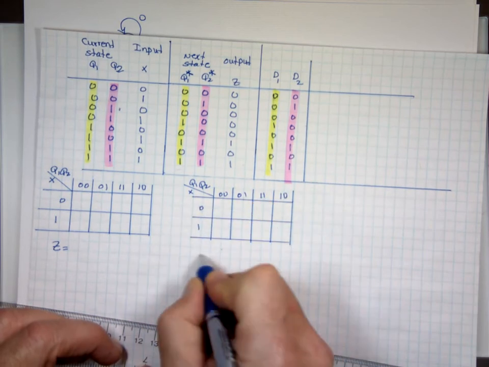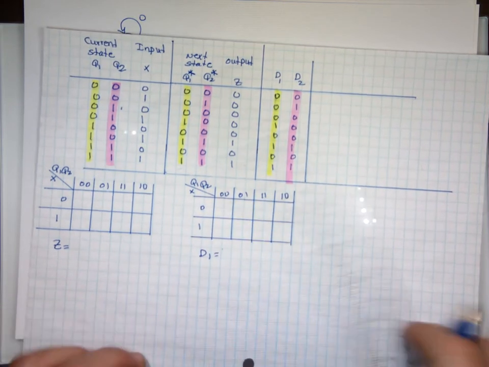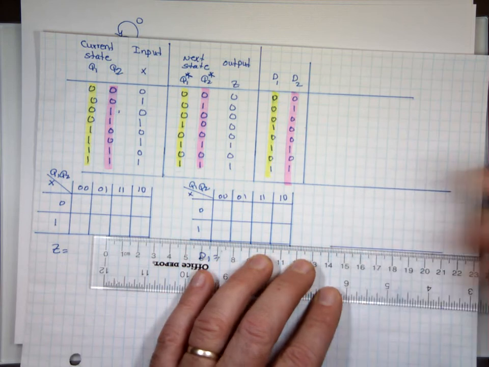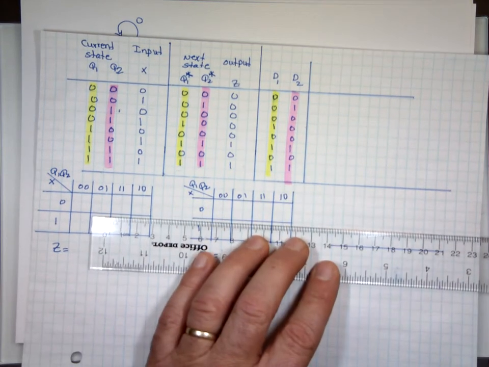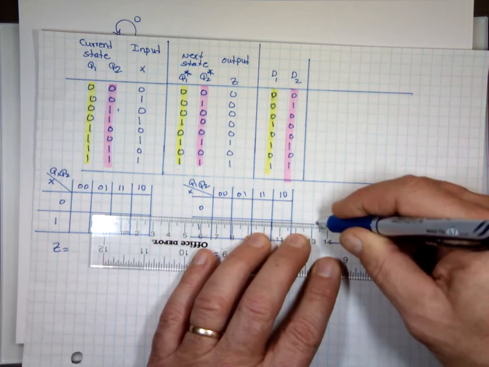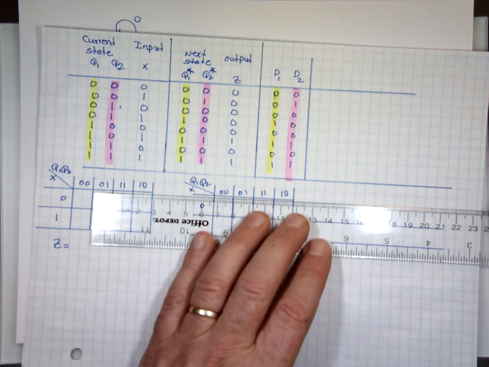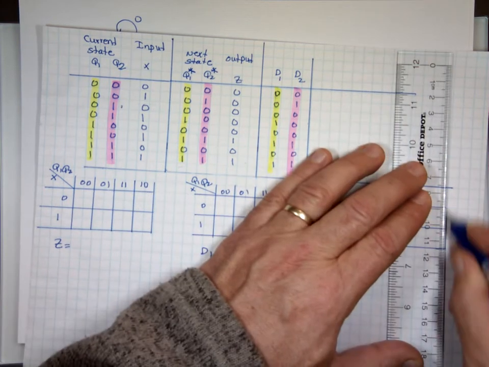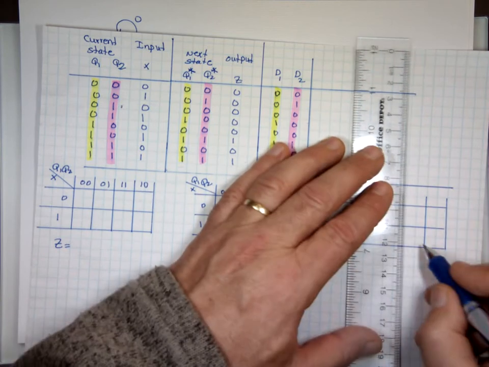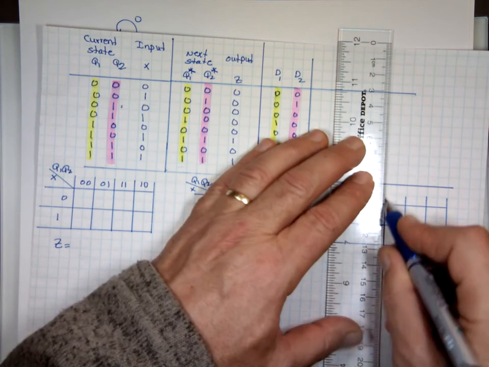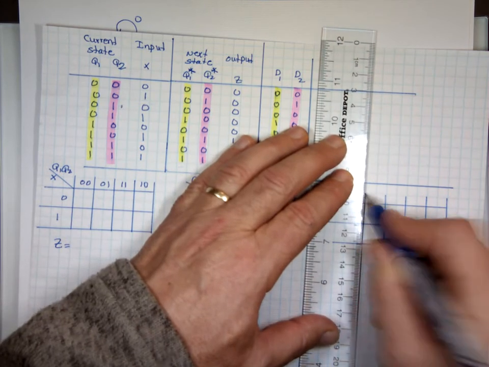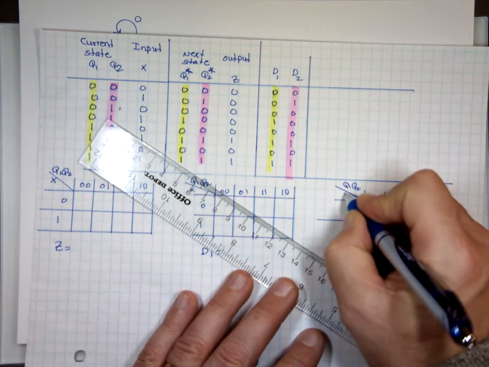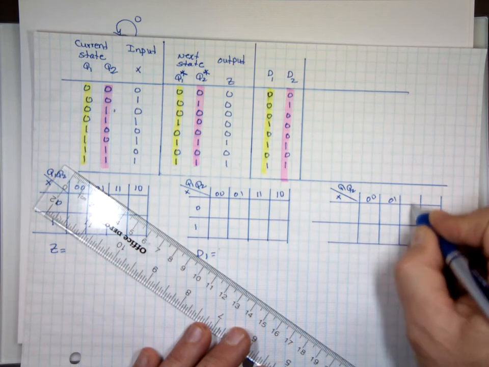And let's do one more for D2. Q1, Q2, X. D2.